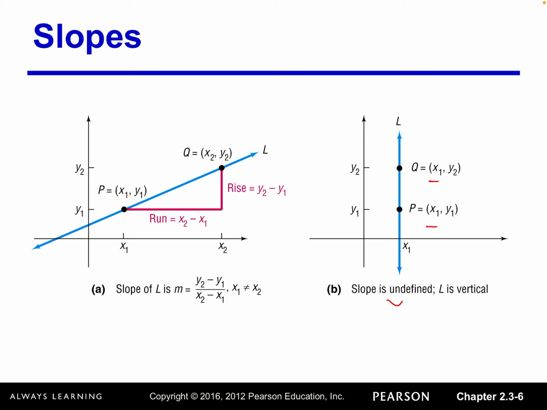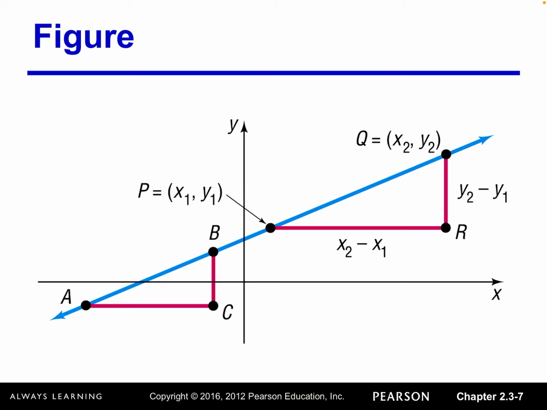A vertical line has an undefined slope. This graph is repeating the same thing. Rise is the vertical change of the two points' y coordinates. Run is the horizontal change, which can be calculated by finding the difference between the two points' x coordinates.